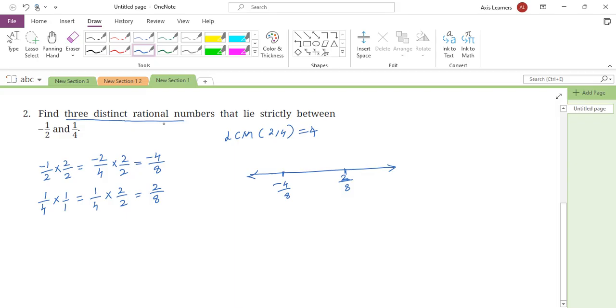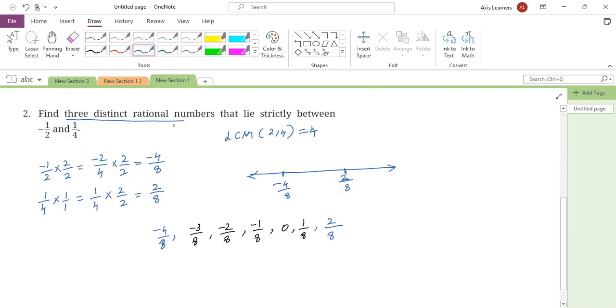In between we can find three distinct rational numbers. So minus 4 by 8. Next number we can write minus 3 by 8, minus 2 by 8, minus 1 by 8. Then 0 by 8, 1 by 8, the last number 2 by 8. Okay, so this is the sequence.